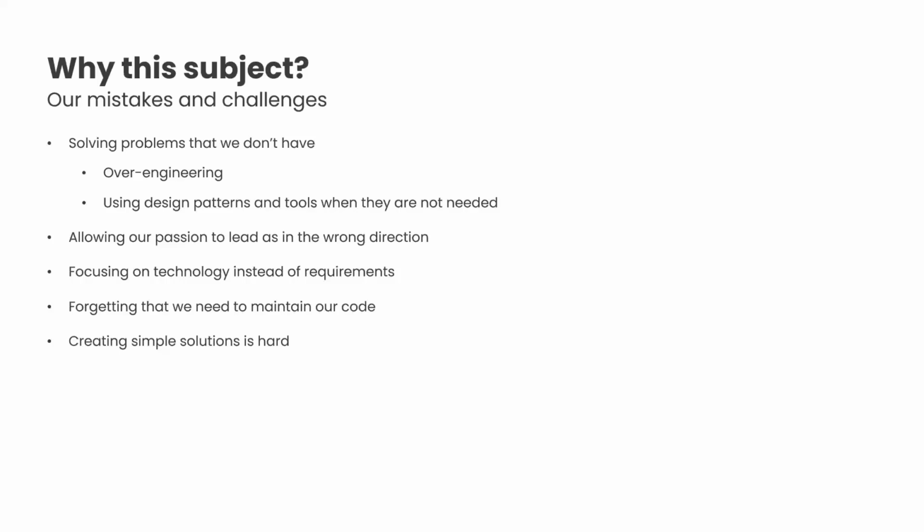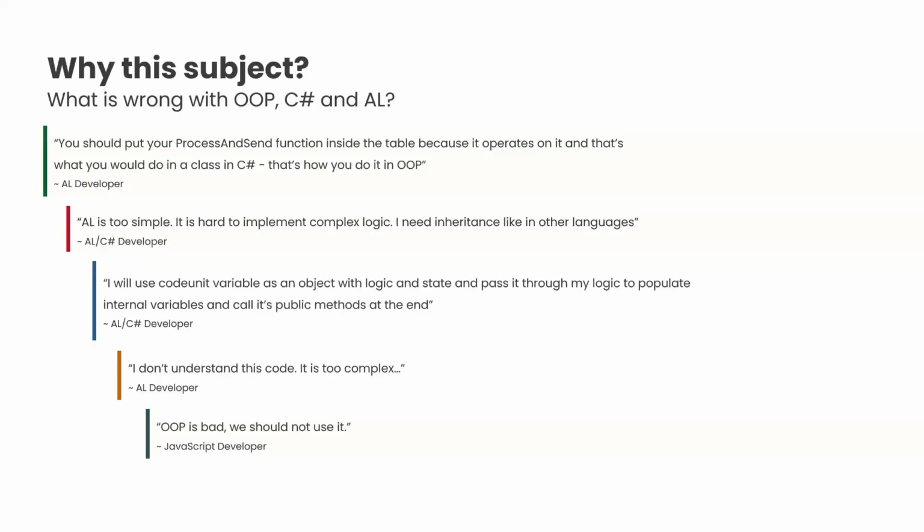But we know all that creating simple solutions is hard. So all the things that I mentioned above, they happen because it's really complex to know. And I also have to say that sometimes I also did those bad things. So quickly, one more slide. What about why and what kind of problems you see.